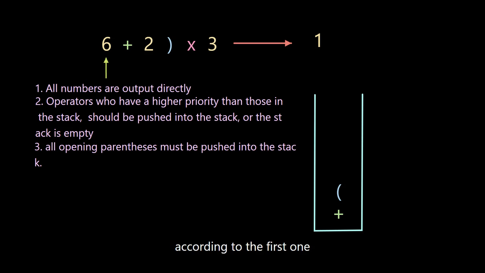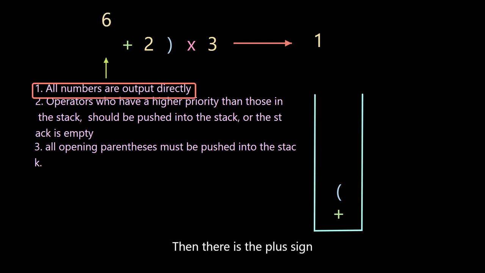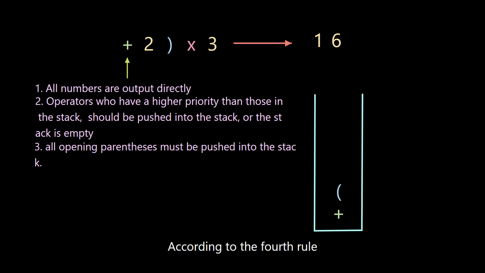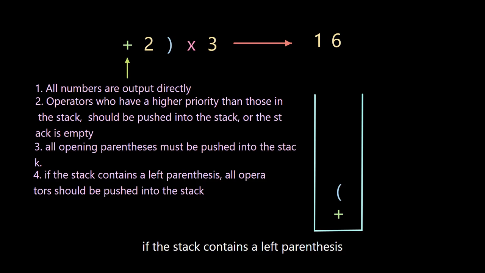Next, number 6, according to the first rule, is also output. Then there is the plus sign. According to the fourth rule, if the stack contains a left parenthesis, all operators should be pushed into the stack. Therefore, the plus sign is pushed into the stack.